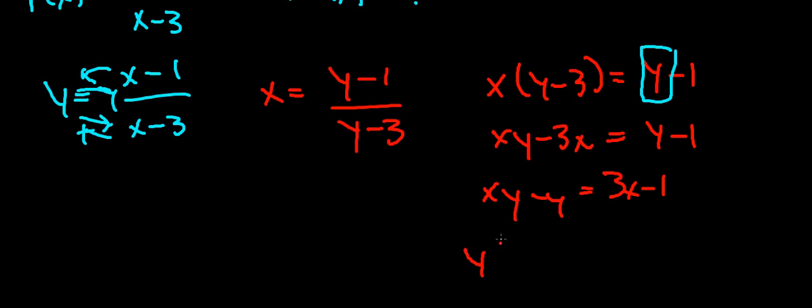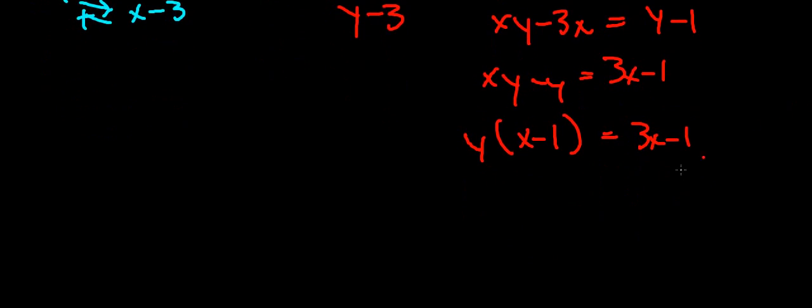So y times x minus 1, and this would give us the same thing if we multiplied y back out, is equal to 3x minus 1. And now we can divide out by x minus 1, and we'll leave us with just y. Y is equal to 3x minus 1 divided by x minus 1. And this is our inverse function.